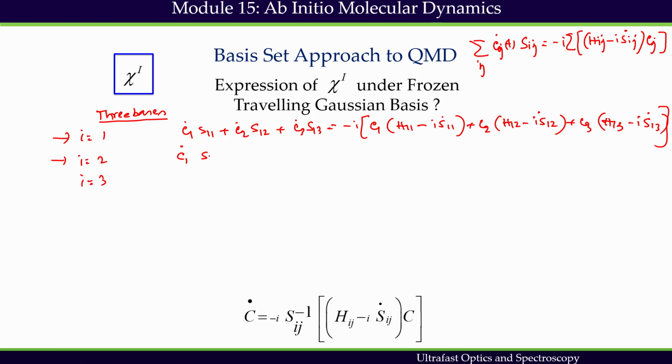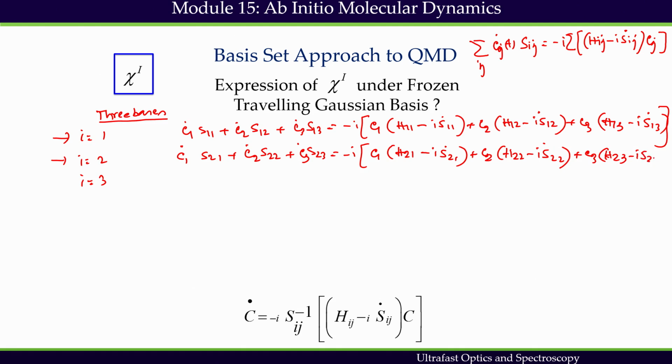This is going to be C1 dot S21 plus C2 dot S22 plus C3 dot S23 equals minus I into C1 H21 minus I S21 dot plus C2 H22 minus I S22 dot plus C3 H23 minus I S23 dot.